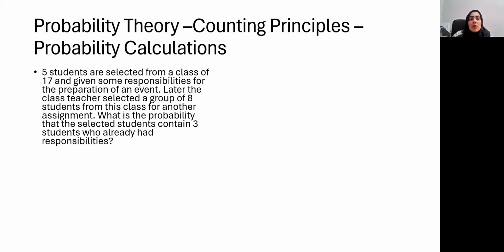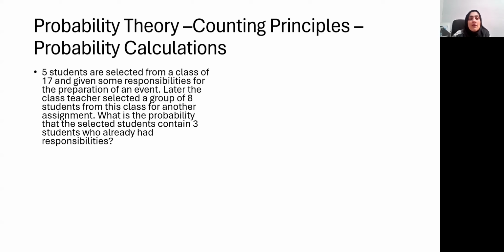In this case, we're going to use the classical approach. If we consider it as a very basic formulation, from a pool of 17 items, we pick a sample of 8. And every time we pick a sample, it can have a different composition.